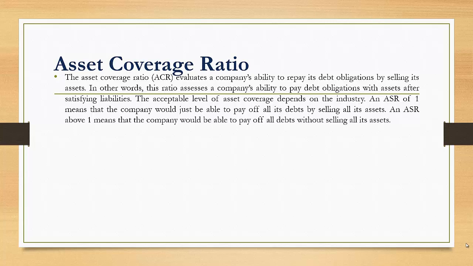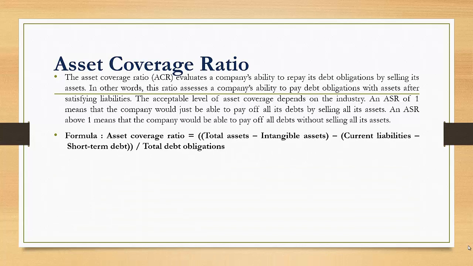The acceptable level of asset coverage depends on the industry. An ACR, or asset coverage ratio, of 1 means that the company would just be able to pay off all its debts by selling all its assets. An asset coverage ratio above 1 means that the company would be able to pay off all debts without selling all its assets.